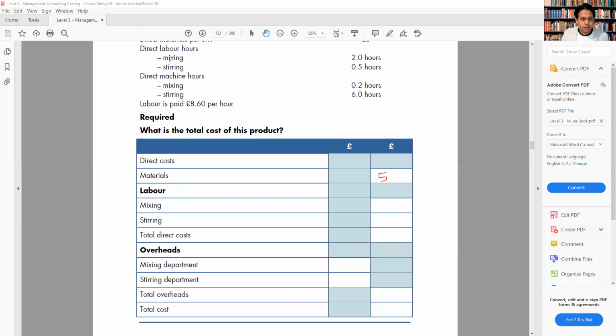For the mixing, we need 2 hours, and per hour is 8.60. And for the string, we need 0.5 hour, and the per hour is again 8.60.